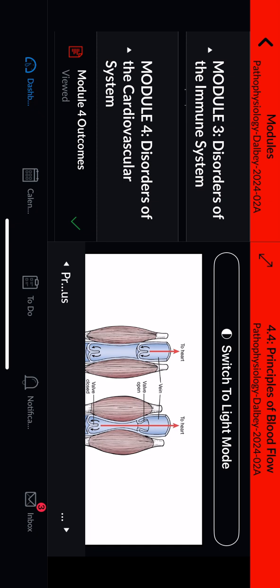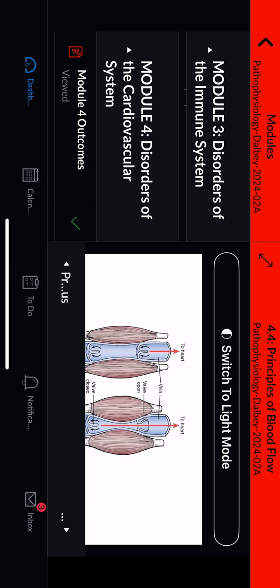A couple important points here. People who are immobile, we worry about them having blood clots. The reason is because the blood can pool within these veins if these muscles are not moving. And so once a blood clot forms, if it does become an embolism and start to move, it's going to go towards the heart and then towards our respiratory system, and it can become a pulmonary embolism.